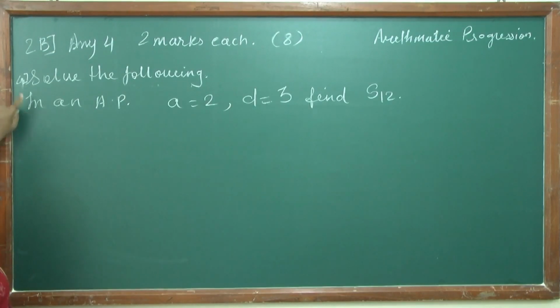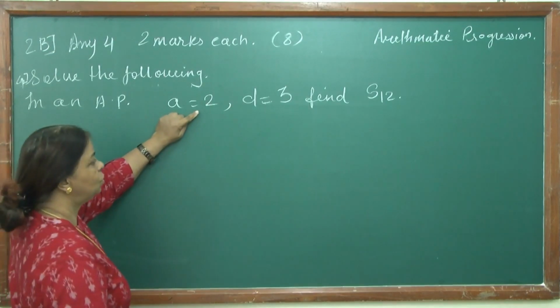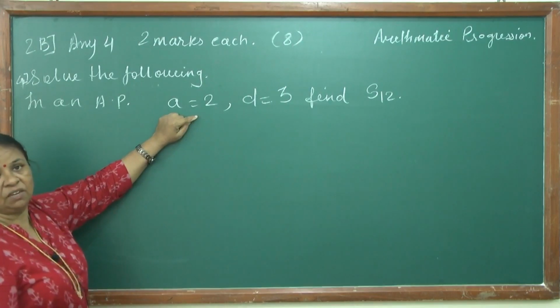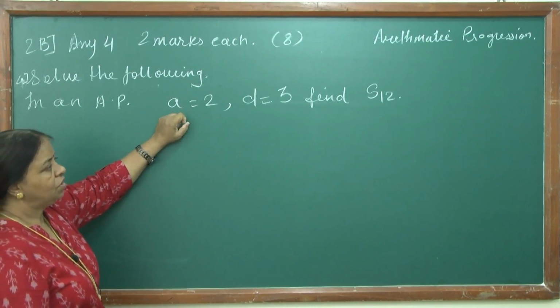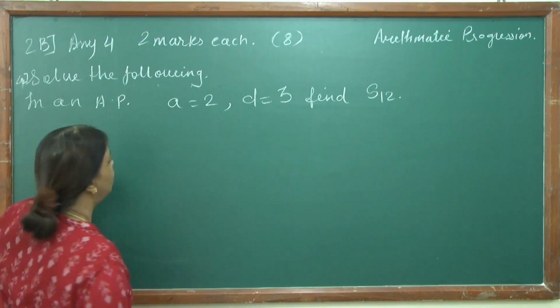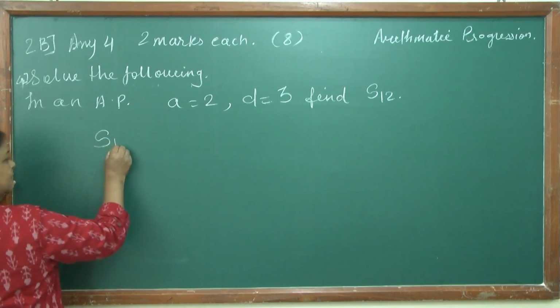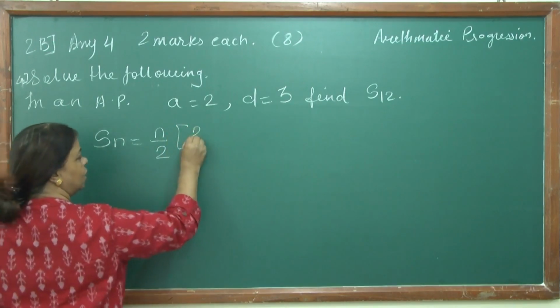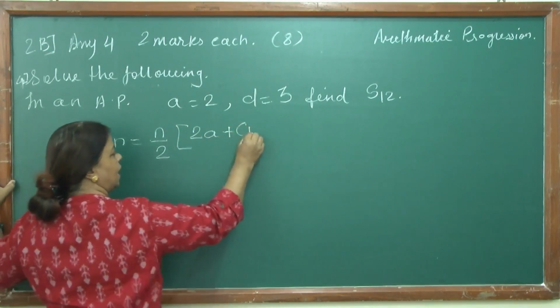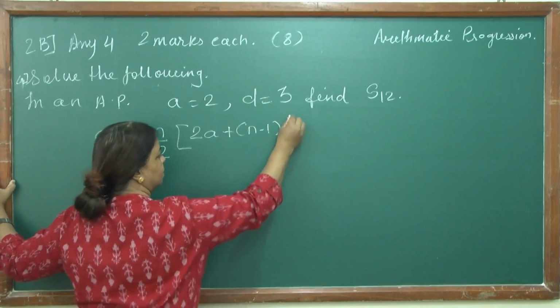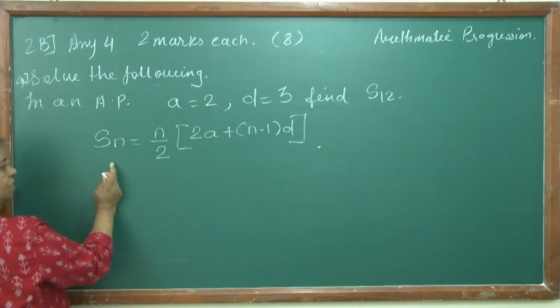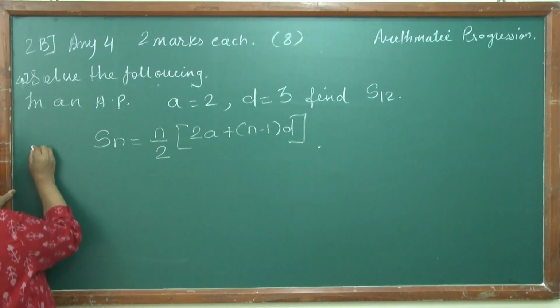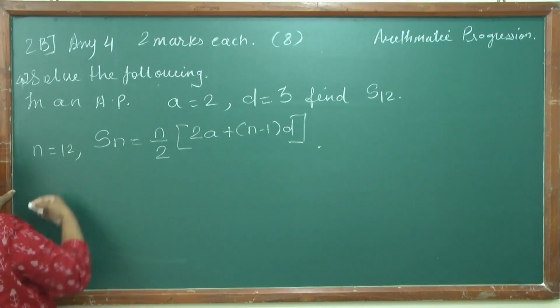Fourth question, children. In an AP, A is equal to 2, D is equal to 3 and we have to find out S12. So if you want to find out S12, which formula will you use? You will use Sn. Sn is equal to n upon 2 bracket 2a plus n minus 1 into D. Now if I want to find out S12, my n is equal to how much? 12.